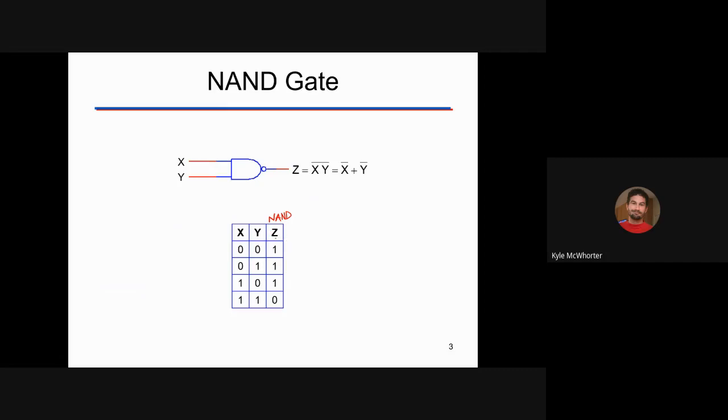I want to remind everyone though of the truth table for AND. I'll just extend the rows out here a little bit.